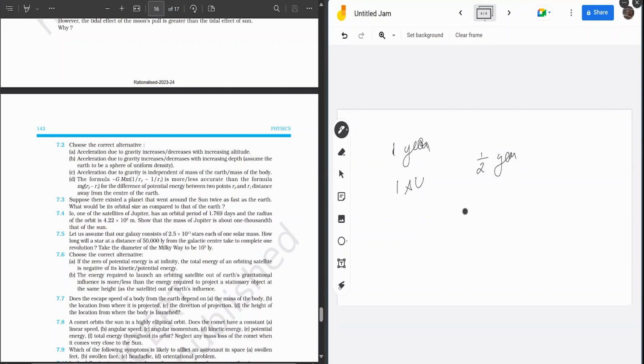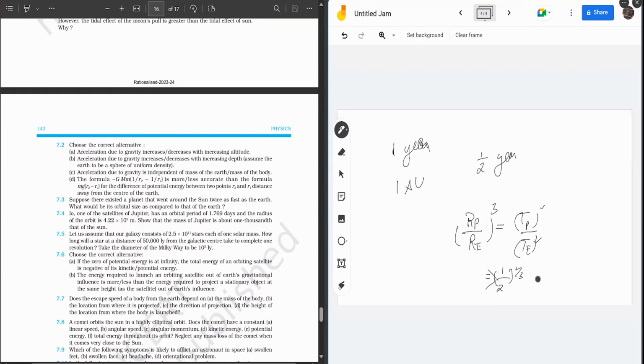Okay, so మనకేం వస్తుంది ఇక్కడ (r of planet by r of earth) cube is equal to (time period of planet divided by time period of earth) square. Okay, so దీన్ని సాల్వ్ చేస్తే మనకి ఏమొస్తుంది ఇప్పుడు (1 by 2) to the power of 2 by 3.